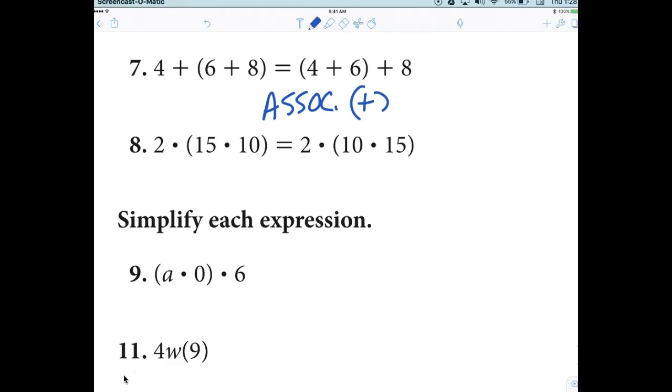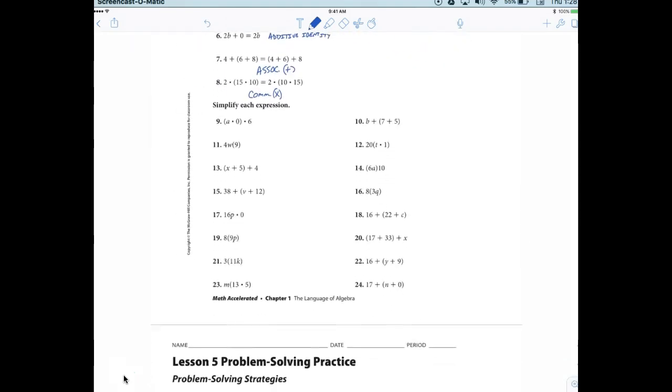Because, like you said, the order is changed. Very smart. Just because they have parentheses doesn't automatically mean that it is associative. If the order changes, it's automatically commutative. And we're doing multiplication, right? Commutative property of multiplication.